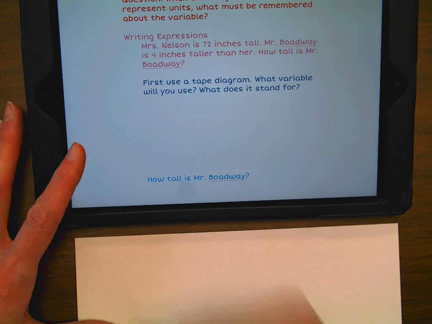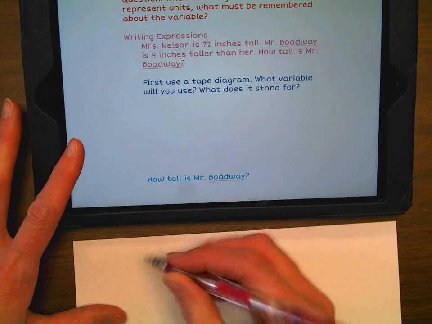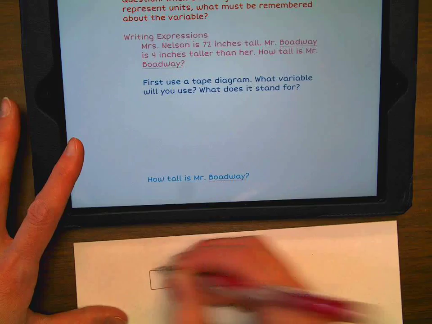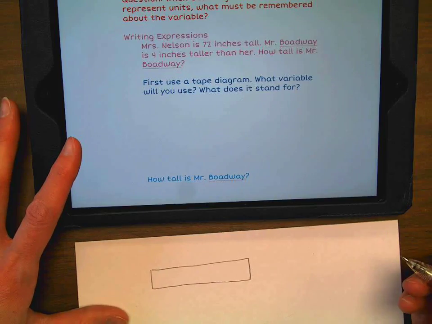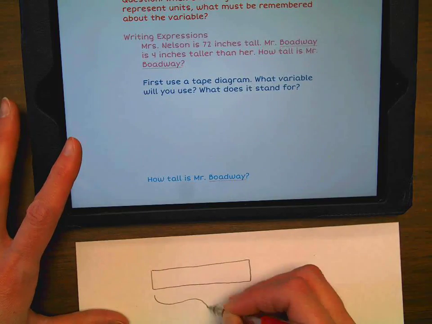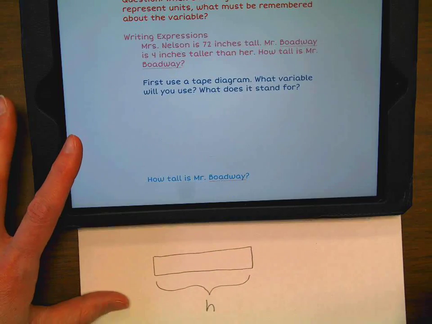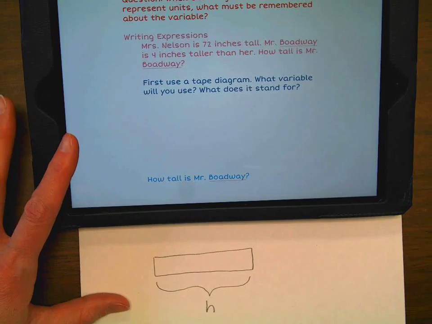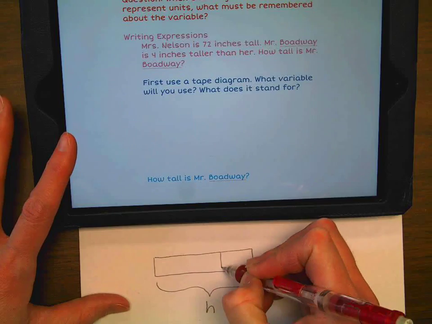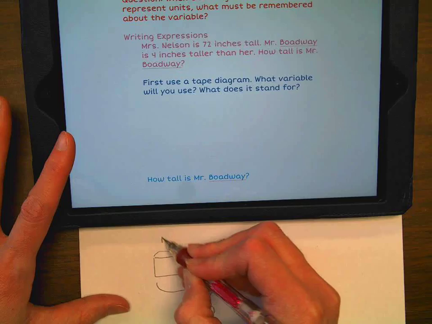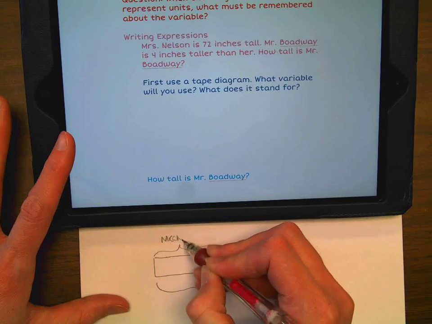So if we're using a tape diagram, we know that Mr. Bodway is 4 inches taller than Mrs. Nelson, okay? So we're going to say that this whole thing right here is going to stand for H. Well, if we know that Mr. Bodway is 4 inches taller than Mrs. Nelson, then maybe what we could do is draw our tape so that this part right here represents Mrs. Nelson.